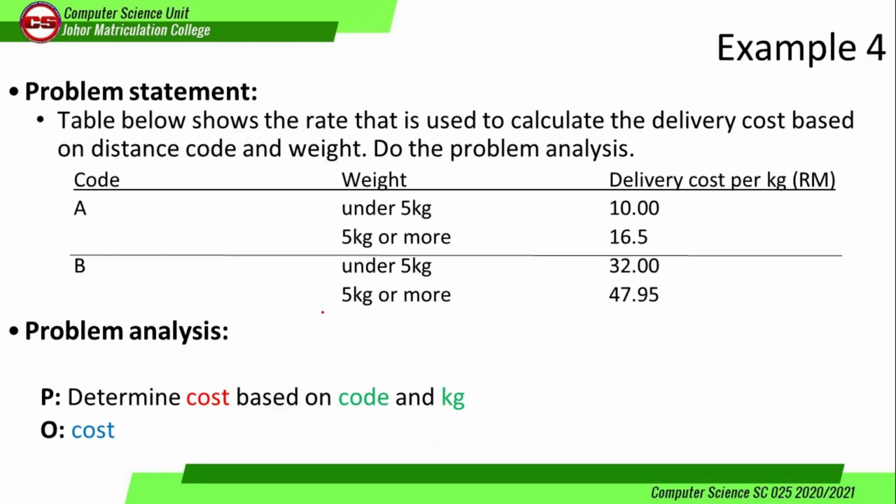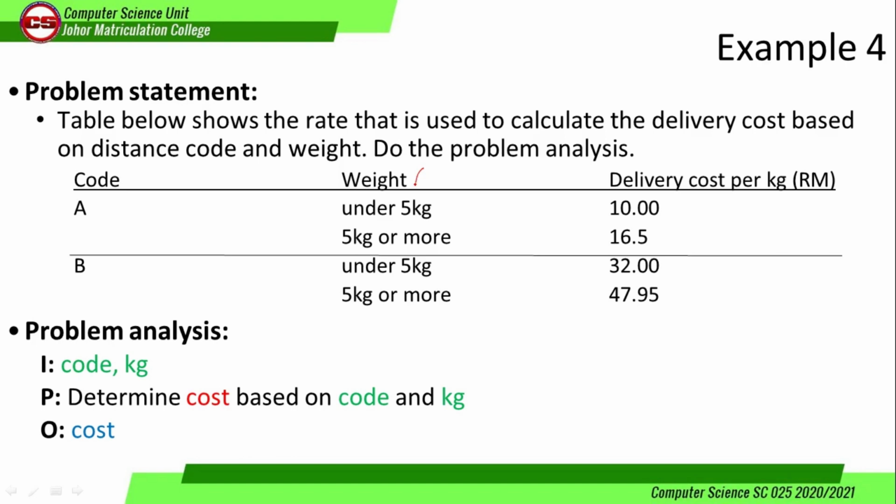The table below shows the rate that is used to calculate the delivery cost. Delivery cost is based on distance code and weight. So input here is code and weight.